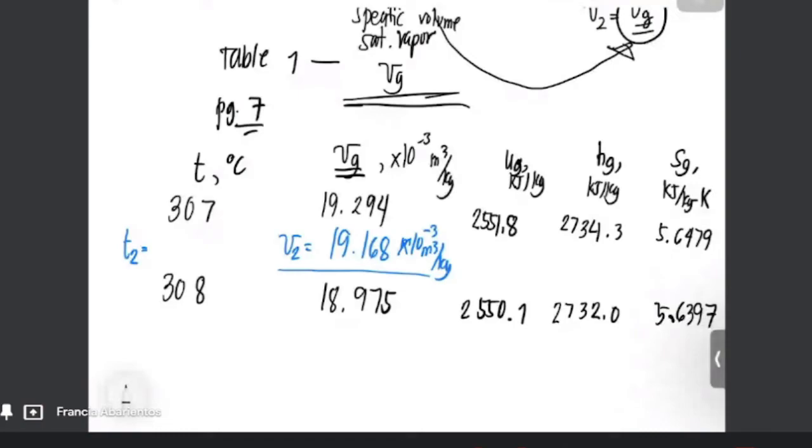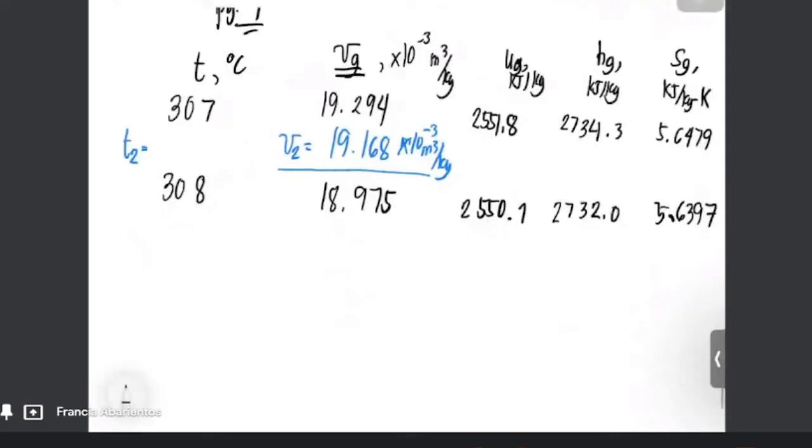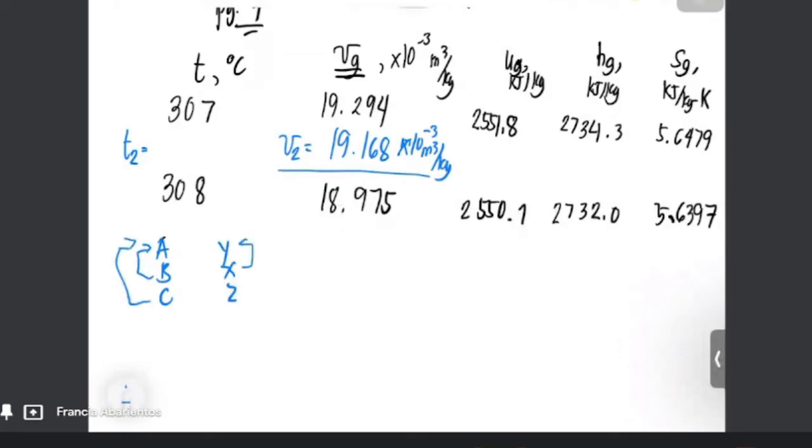We need now to interpolate to find the values at state 2. Okay? So, interpolation, sa iba, baka hindi pa alam, ulit-ulitin ni ma'am. You have A, B, C, the Y, the X, and the Z. So, B minus A, C minus A, X minus Y, and Z minus Y. Okay, so you need to interpolate.